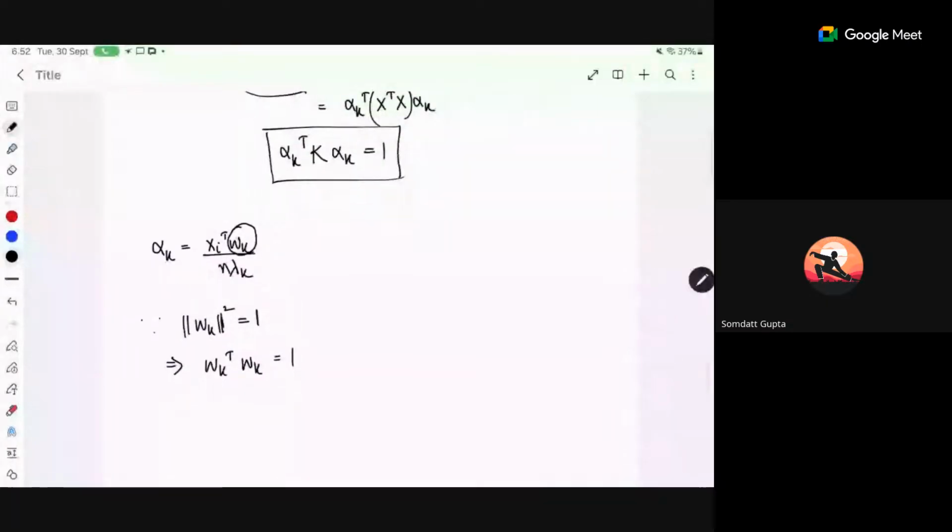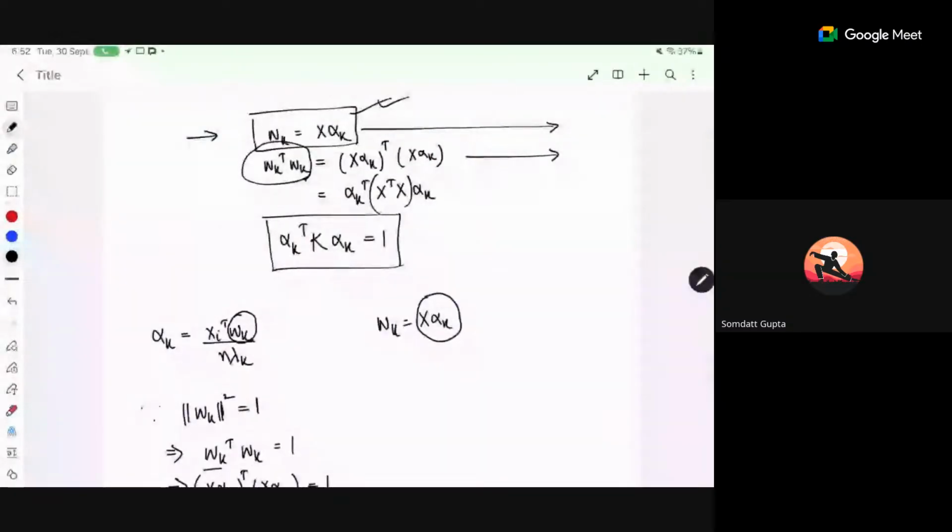So if WK is x alpha k, then I can just substitute WK to be x alpha k over here. So I wrote x alpha k transpose times x alpha k. Okay, got it. So that's how we got this equation, which is alpha k transpose K alpha k has to be equal to 1.